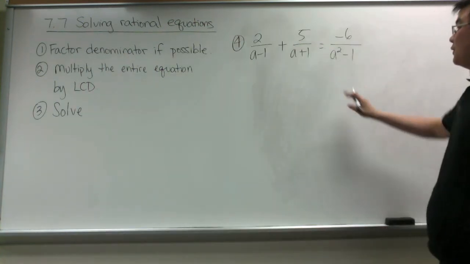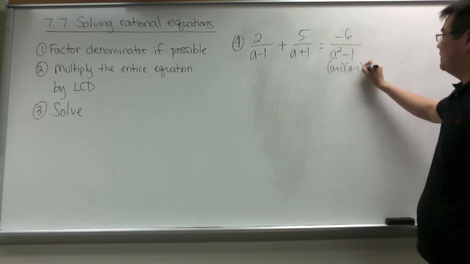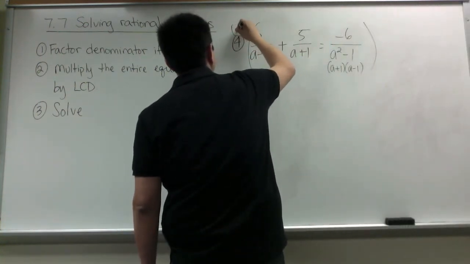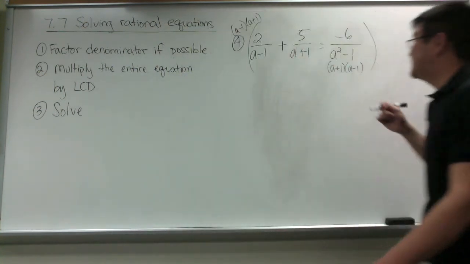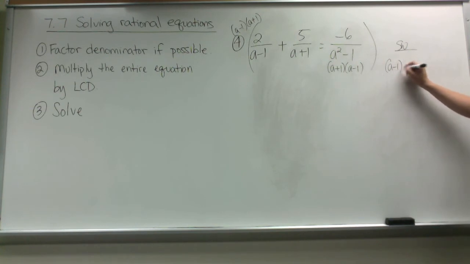In our next example, we're going to factor the difference of perfect squares to a plus 1, a minus 1. Then we're going to multiply everything by the LCD, which is a minus 1 and a plus 1. We're going to set up our side work.